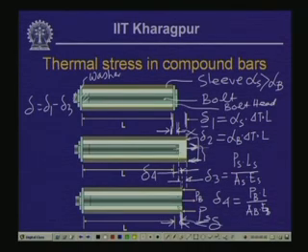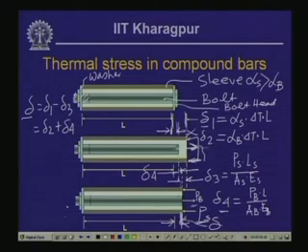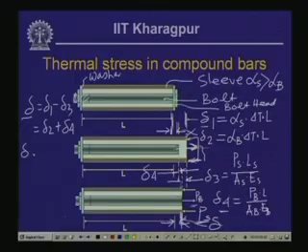Now, to bring it to the final position of the combined system, it has to be expanded further by application of this tensile pull Pb, which is delta 4. So, this is equal to delta 2 plus delta 4. The final deformation in the whole assembly of the compound bar is delta, which is equal to delta 1 minus delta 3 or delta 2 plus delta 4. So, we can write the compatibility equation as delta 1 minus delta 3 is equal to delta 2 plus delta 4.